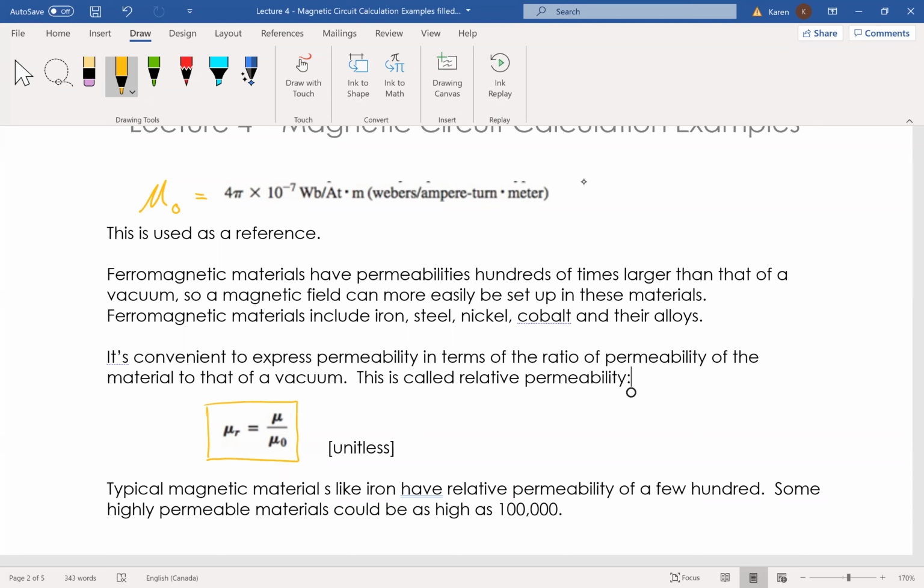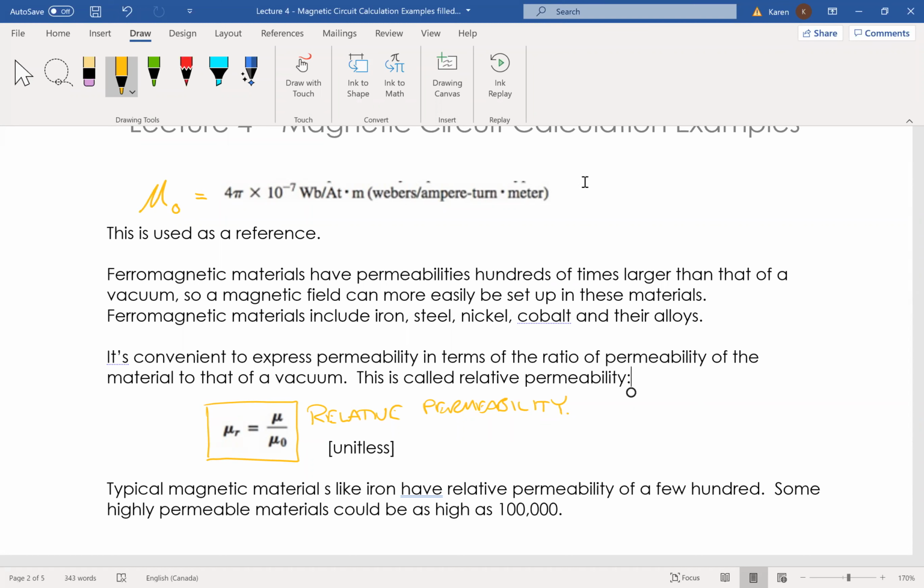And this relative permeability just says, well, how permeable is something compared to free space? So when you look at materials, you're going to see values like the relative permeability is 800, for example.